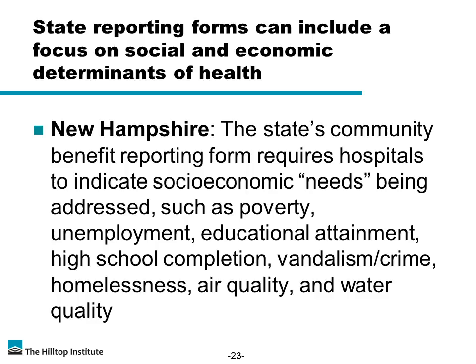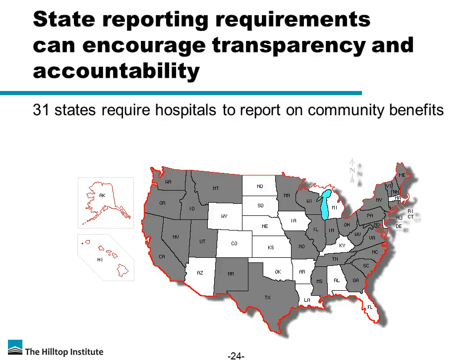And I might mention in New Hampshire, that state's community benefit requirements actually extend beyond hospitals to other kinds of organizations that they call charitable trusts. Nursing homes are in that category and some other kinds of providers as well. So moving on, next slide please.